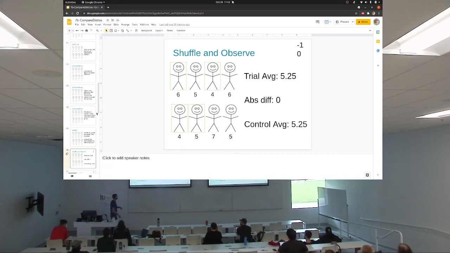So I shuffled them. And then I calculate their differences again. So let's start by saying, our first thing we observed, based on our trial, was a difference of 1 day.